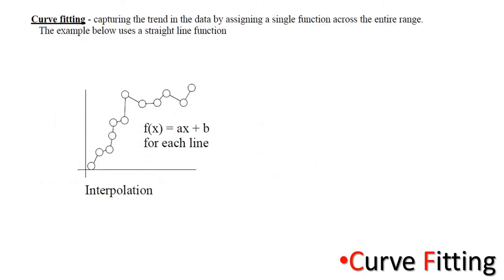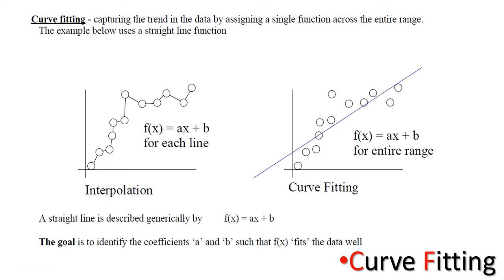Curve fitting captures the trend in data by assigning a single function across the entire range. The example below uses a straight line function. In the previous chapter on interpolation, you were connecting the dots. However, in curve fitting, you capture the data trends and make a prediction of the future trend of the data.